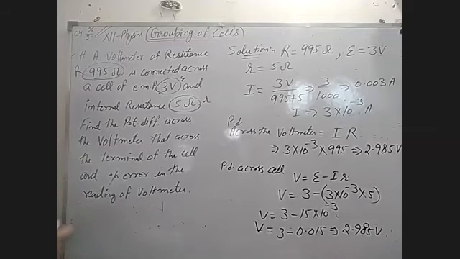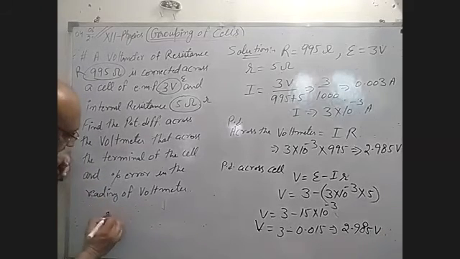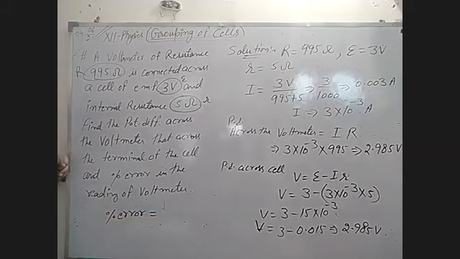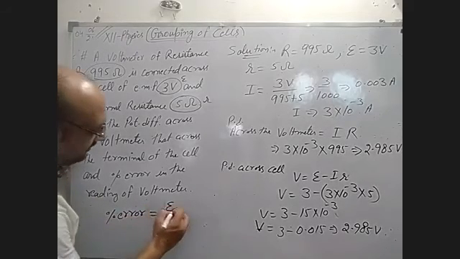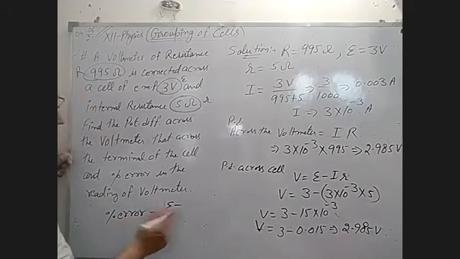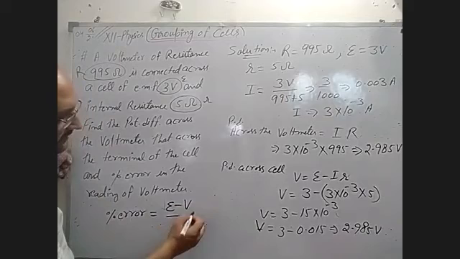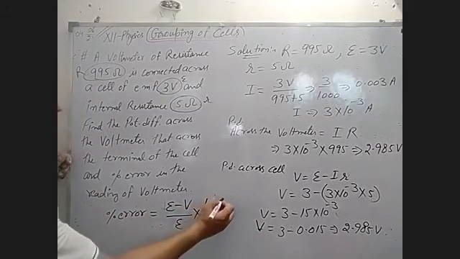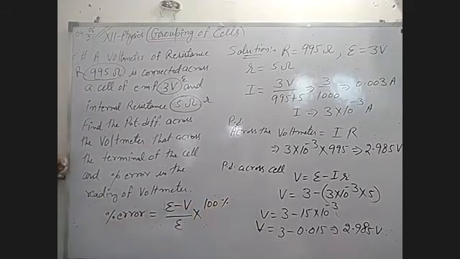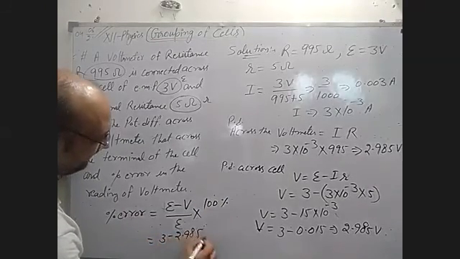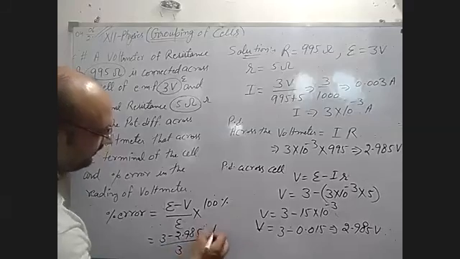Then how can you calculate percentage error? Percentage error is equal to, note down the formula, maximum voltage minus the voltage which we are calculating, upon maximum voltage, into 100%. Now solve it: 3 minus 2.985 upon 3 into 100.